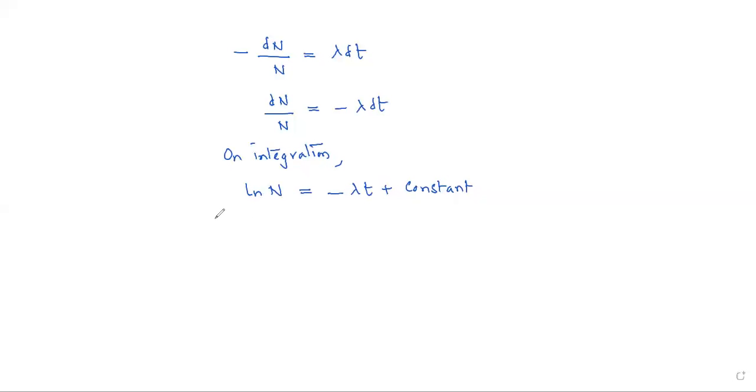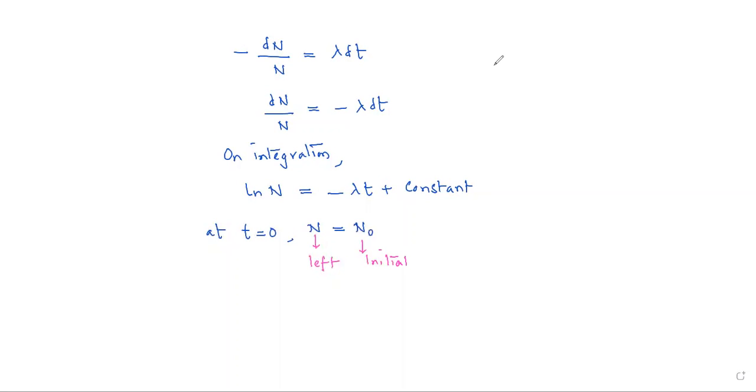Now, see at a time t equal to 0, that means when we are about to start the process, the number of atoms left will be the number of atoms that we have started with. N0 is nothing but the initial number of atoms.